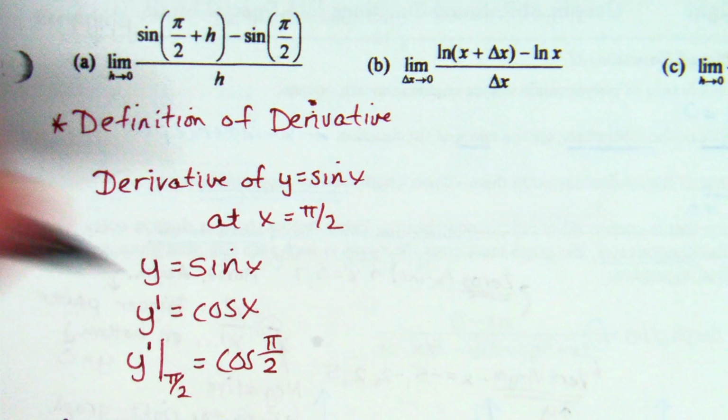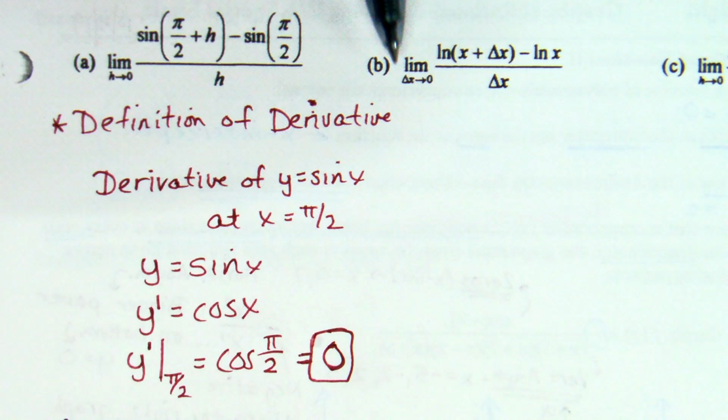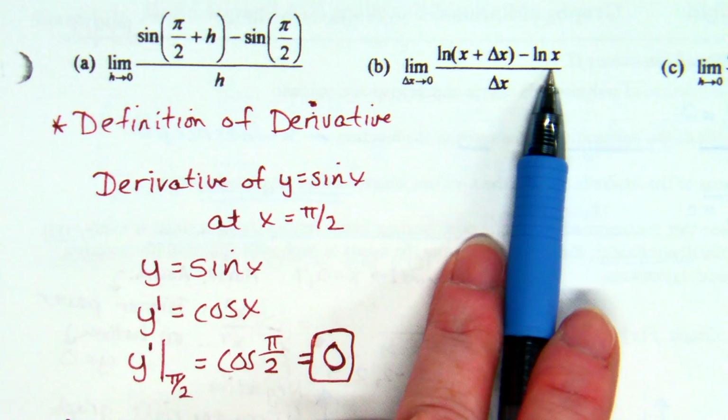Okay, next one. The limit as delta x approaches 0 of natural log of x plus delta x minus natural log of x all over delta x. This is the derivative of what function? ln x at, do we have a value here? No. What do they have in here? If you always look at that last one, that's just ln x. So is there a value to plug in here?